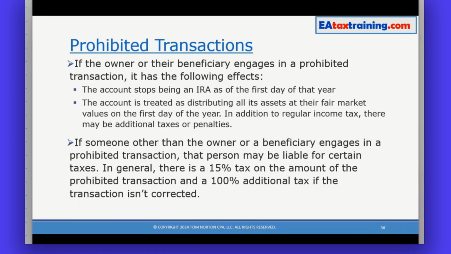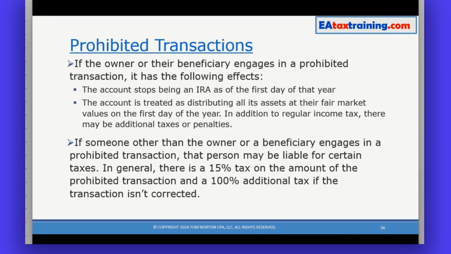So, 11 months earlier. Also, the account is treated as having distributed all of its assets at their fair market values on the first day of the year. In addition to regular income tax, there may be additional taxes or penalties. So that's what happens if the owner or their beneficiary engages in a prohibited transaction.